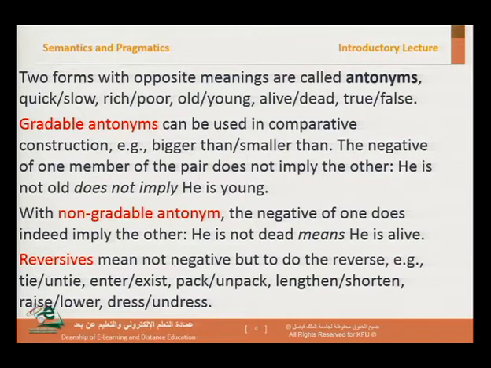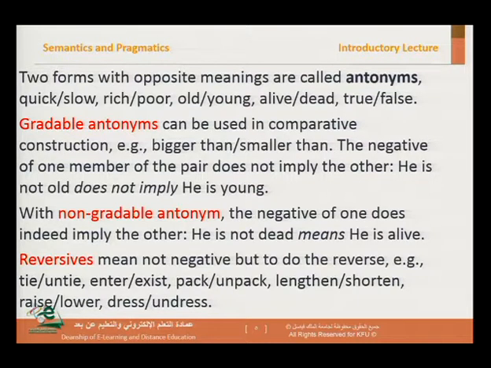The last type of antonymies are reversives. Now, what does that mean? Here, it means that we're now looking at the negatives. We're not saying big, small thing. White, black thing.